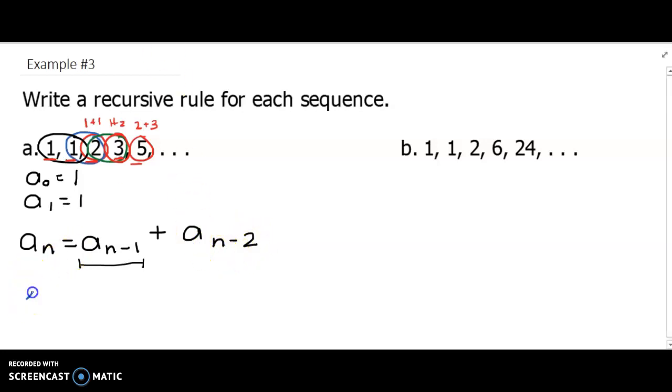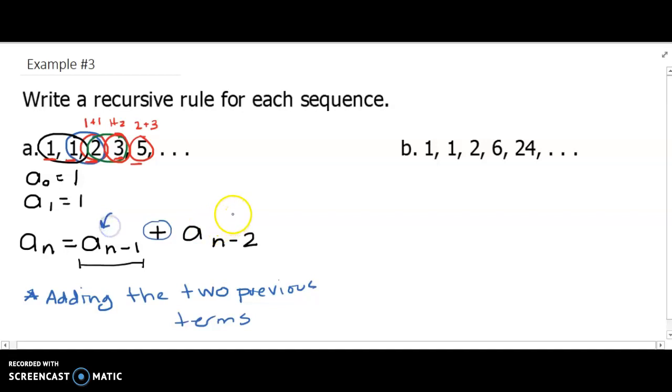So in words, I'm just adding the 2 previous terms. This is the first previous term, this is the second previous term.